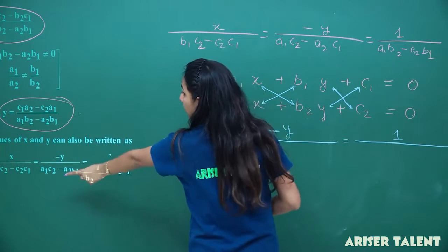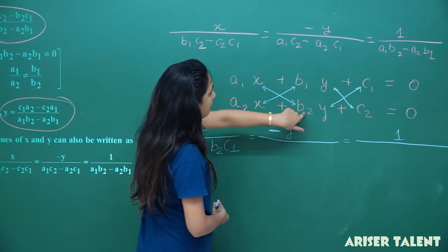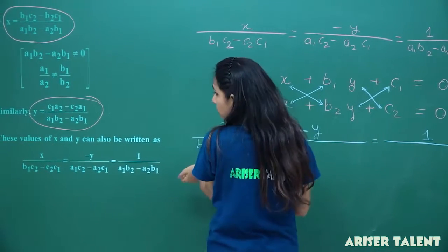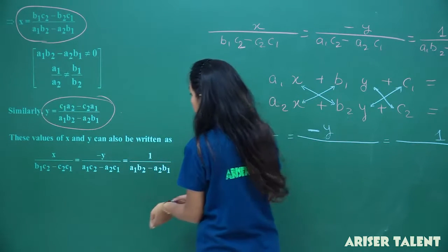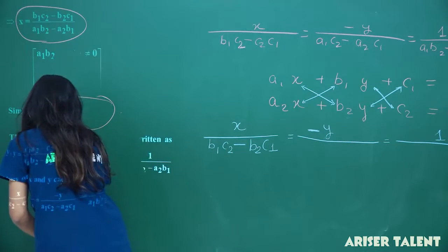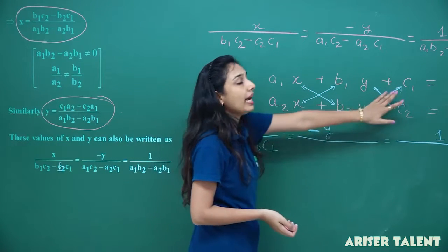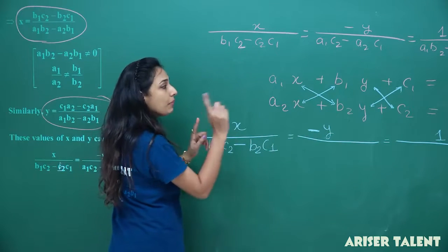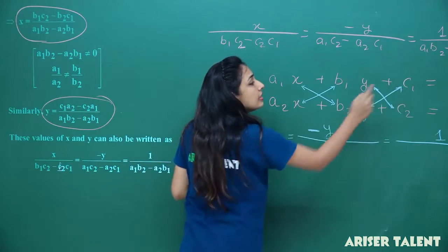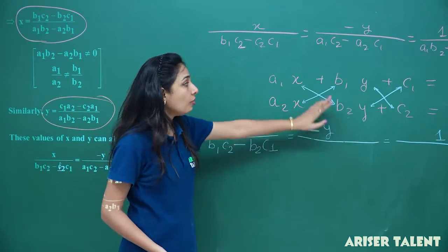We have some corrections here, students. That is B2 C1. So that will be B1 C2 minus B2 C1. Now minus y.